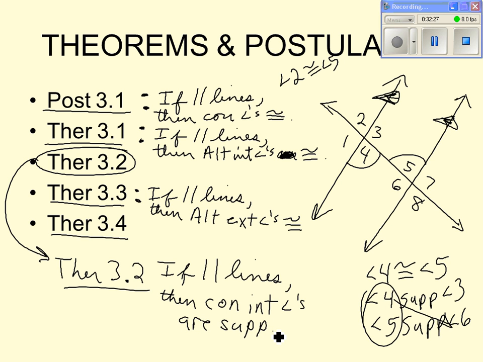That's the only one that's different. And again, I like to call them same side interior angles because that helps me remember the same side with the S's. That helps me remember supplementary.